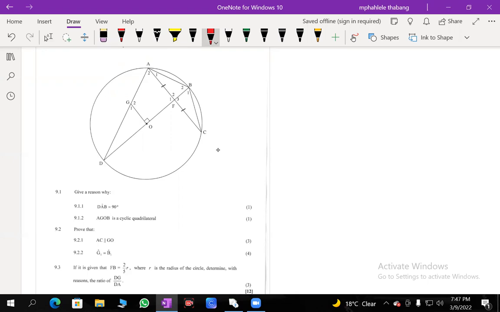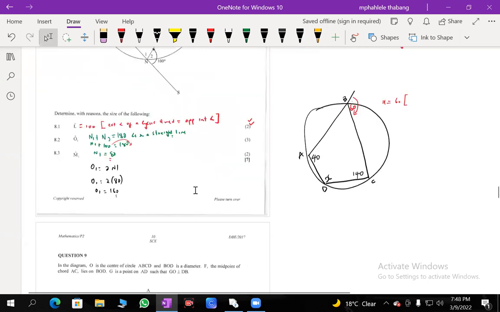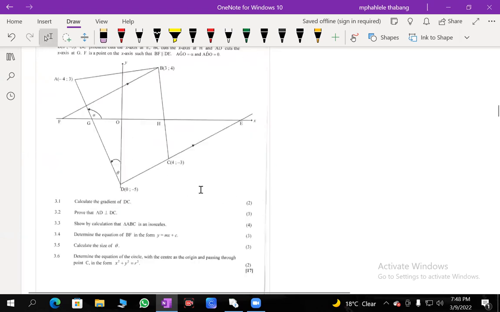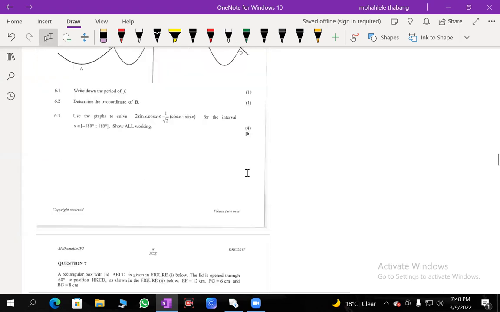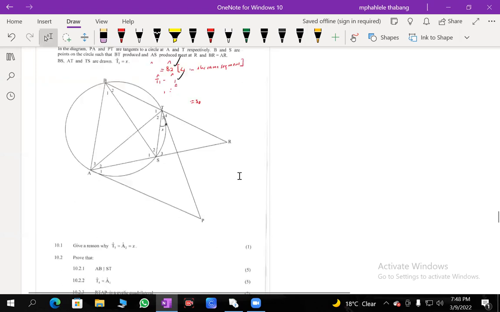It will be the last question we look at, DBE 2017. This one is complex, but it contains a lot of theorems that I want to talk about.